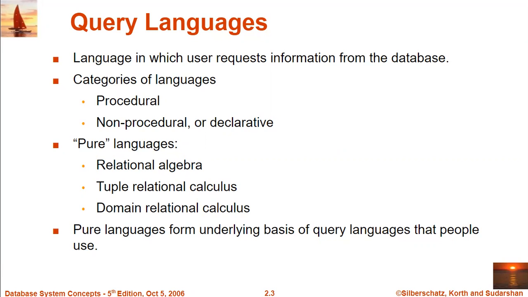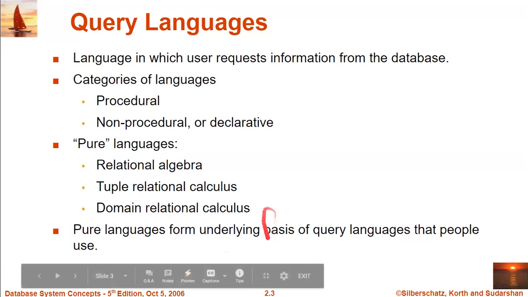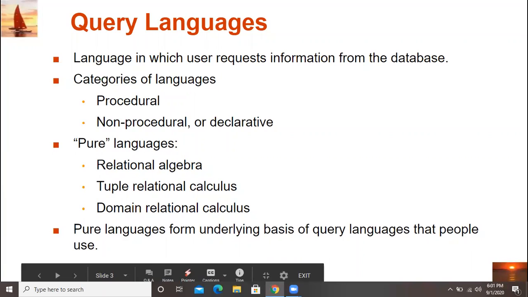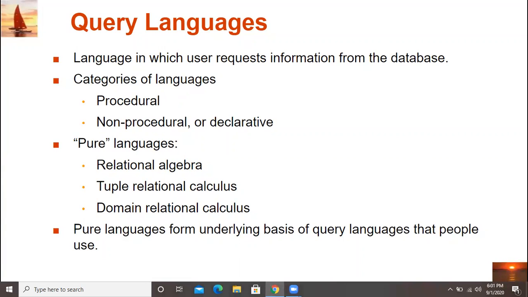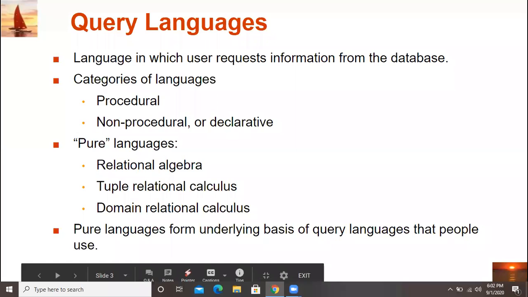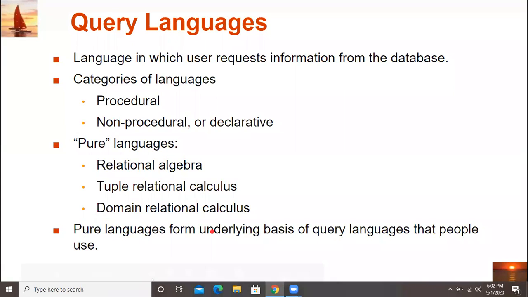But in between it uses a pure language, that is the assembly language. So whenever we are performing a task, then we say assembly language is the intermediate language or pure language.